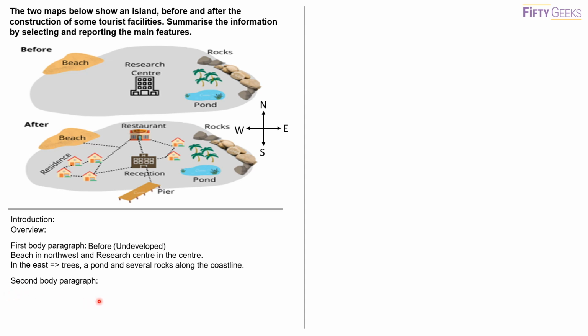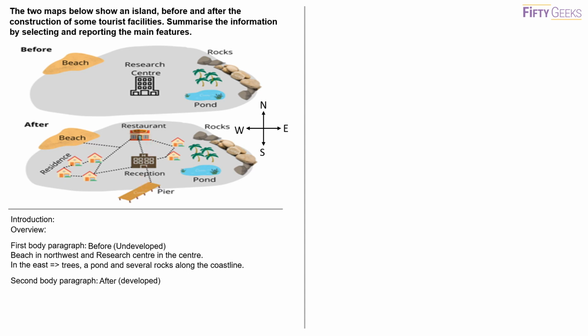In the second body paragraph, I will write about the second map, which shows the island after the construction of many tourist facilities. Now it is clearly visible that the island has fully developed into a tourist destination. In the place of the research center, a new reception has been constructed and a restaurant has been constructed to its north.